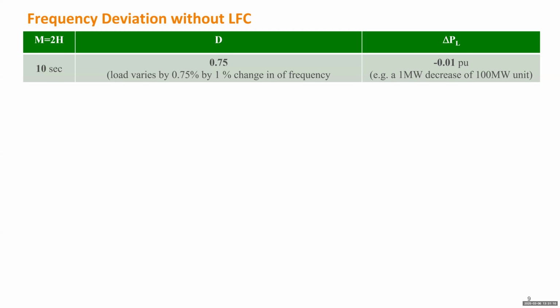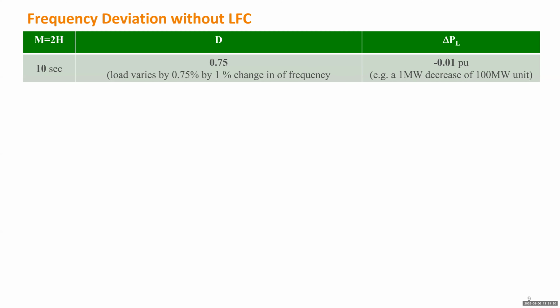That's the 2H value, 10 seconds. And D here is 0.75, which means the load will change by 0.75% if there's a 1% change in frequency.